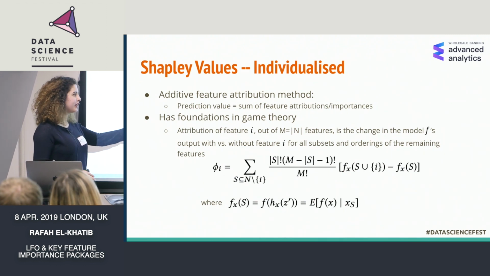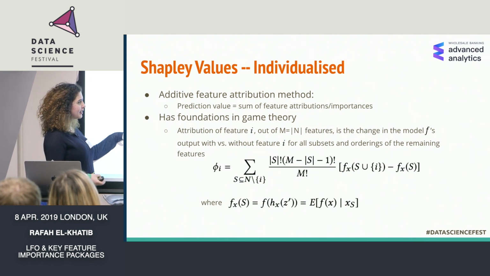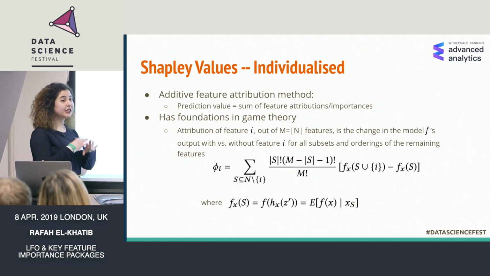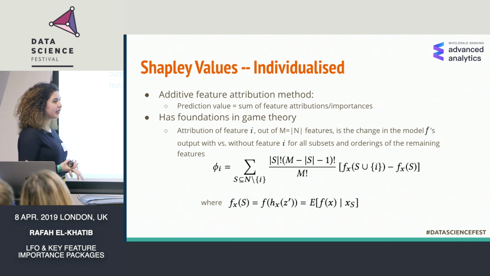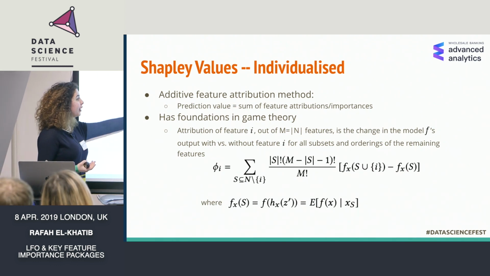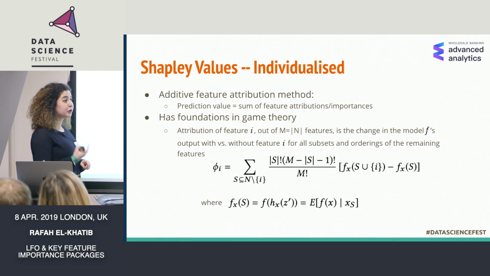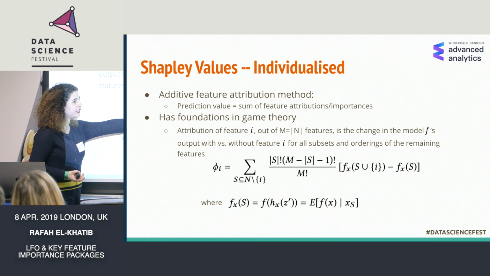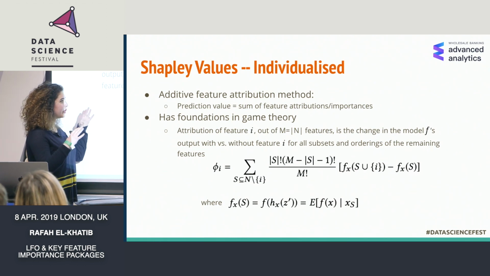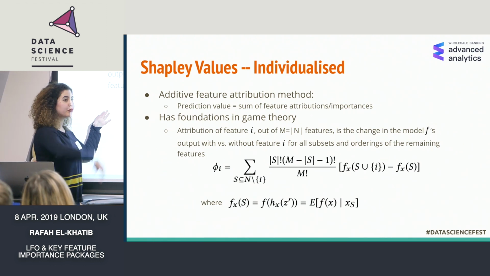I'm not going to explain everything, but just to get an idea, it takes an already trained model, called F, and says, okay, I want to see the impact of my feature i on the output of the model. So I'm going to take all my subsets S of the n features. What I was doing was taking all of the features and leaving one out.